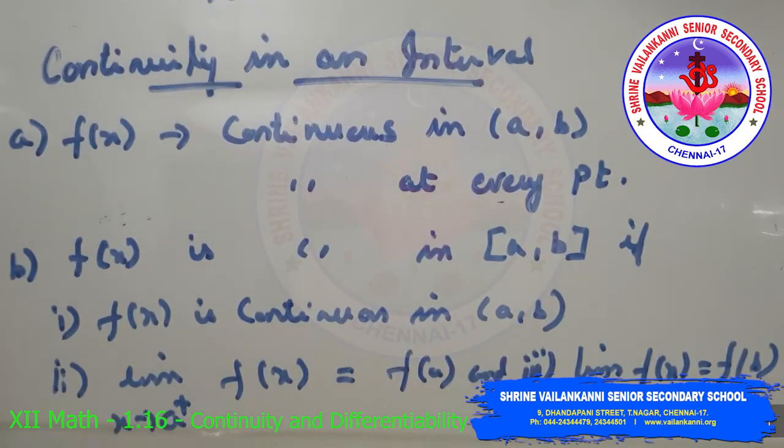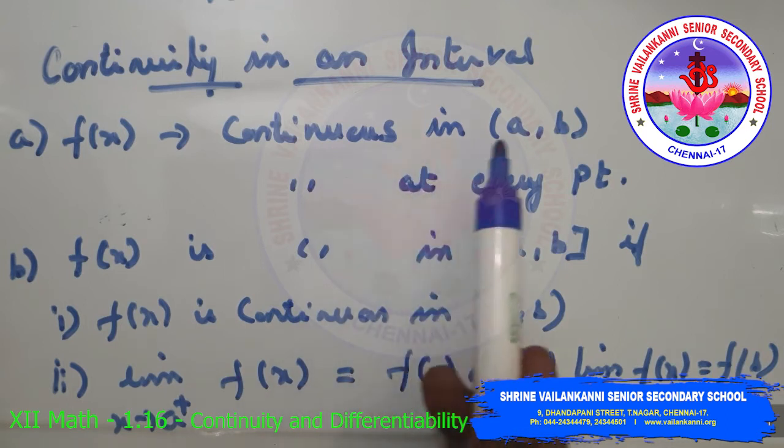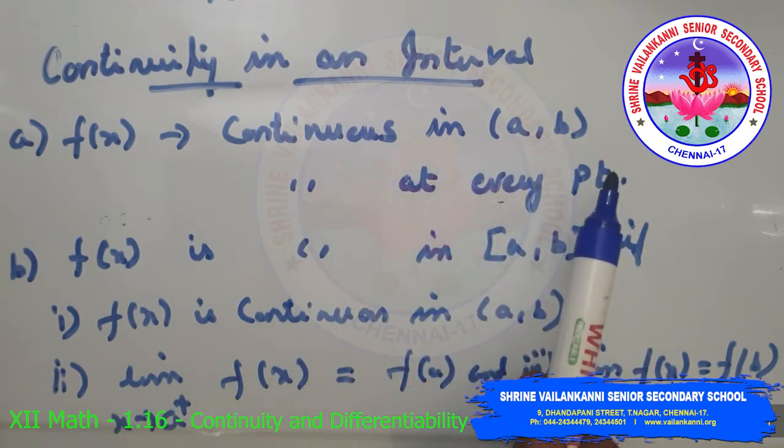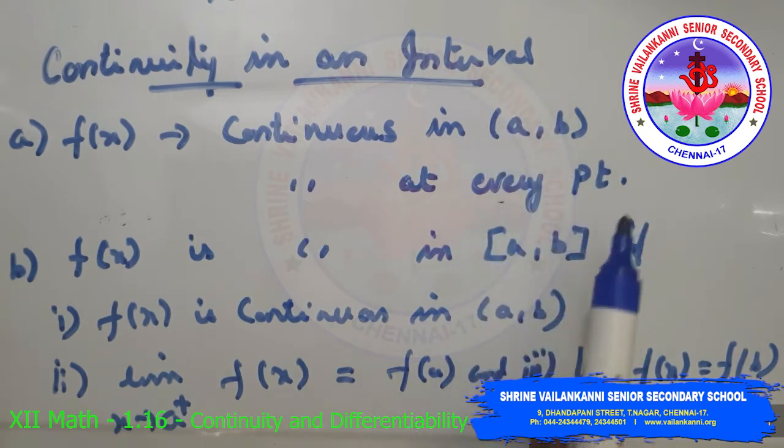Continuity in an interval, whether it is an open interval or closed interval. f of x is said to be continuous in an open interval a comma b if it is continuous at every point in this interval.